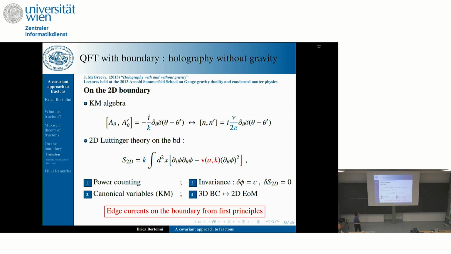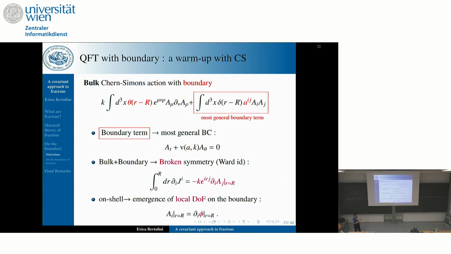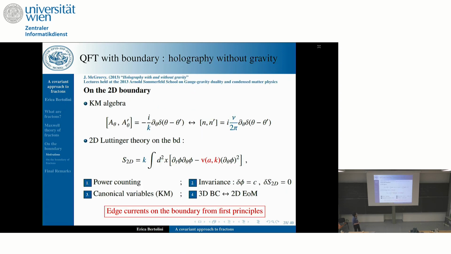Well, having done all this computation, one can identify the two-dimensional model in that case, which gives us an algebraic structure, which is the Kac-Moody algebra. And this makes us identify the central charge of the algebra with the filling factor of the fractional quantum Hall effect, which is a physical quantity.